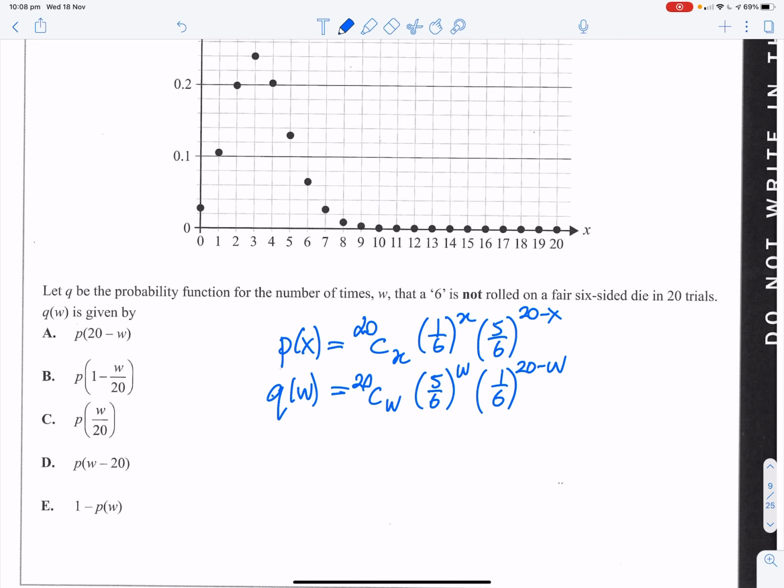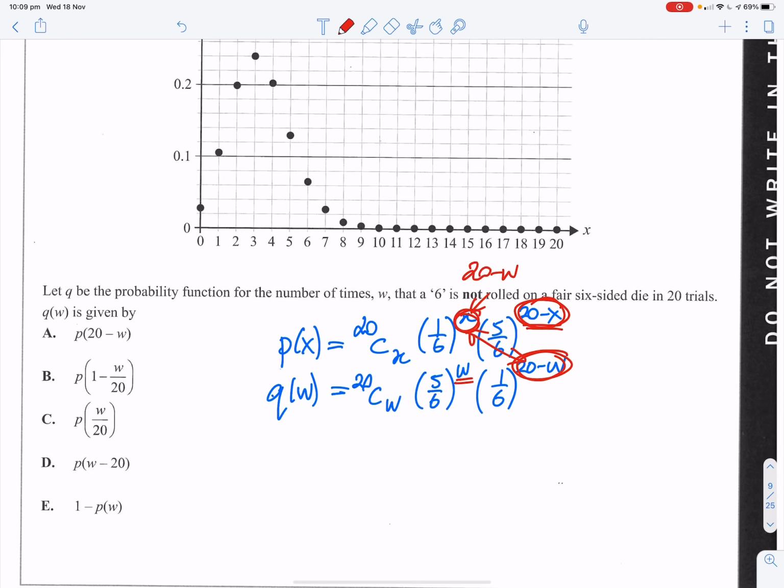Let Q be the probability function with the number of times w that a 6 is not rolled for a 6-sided dice. Q of w is given by... Okay, so if we replaced that and that, if I made that 20 minus w, you can see that they'd be exactly the same.